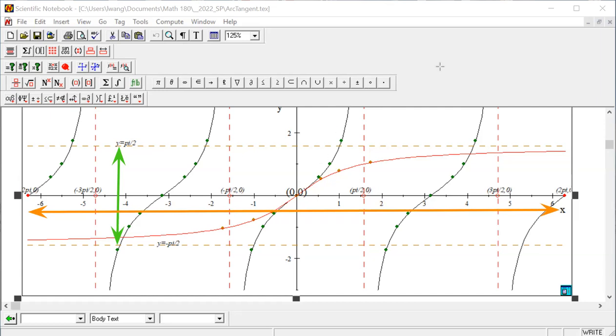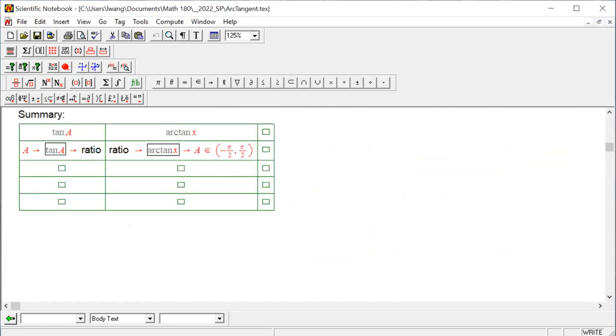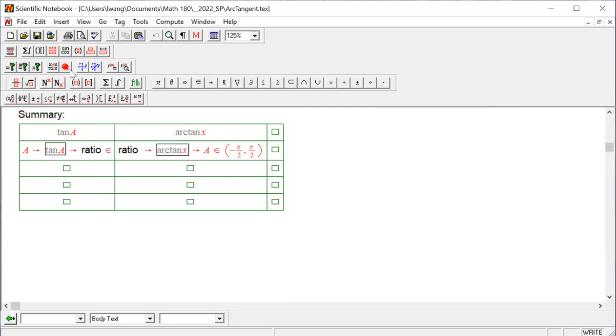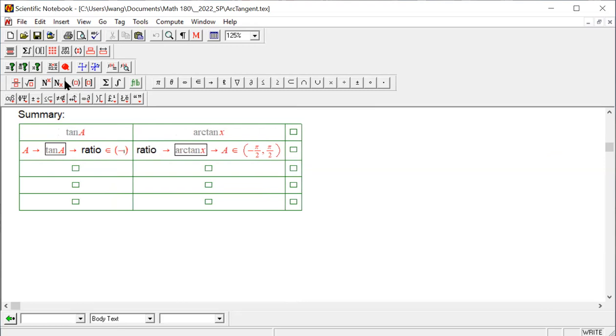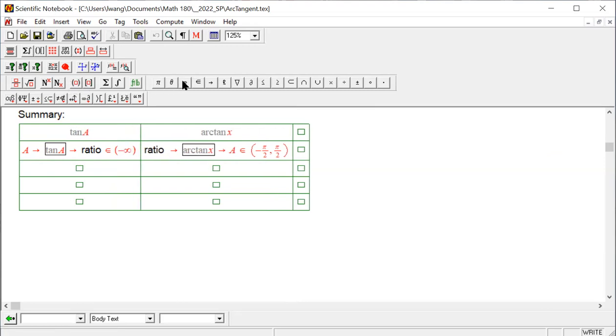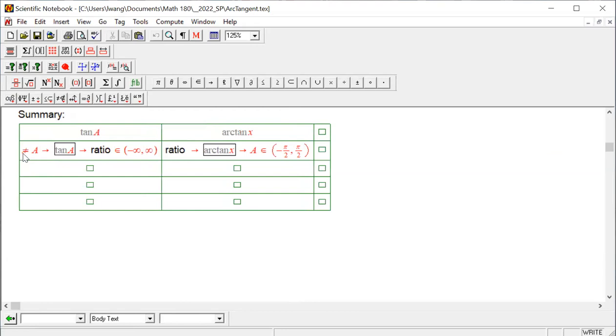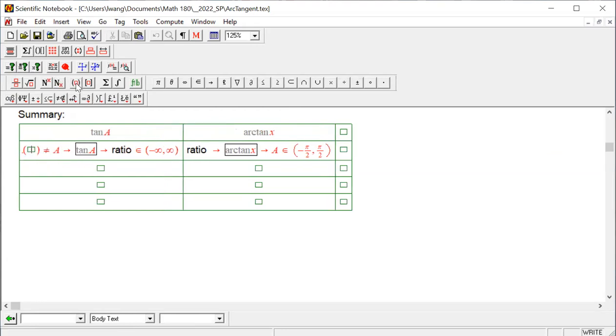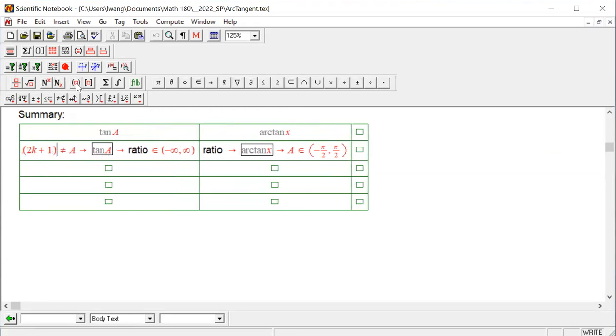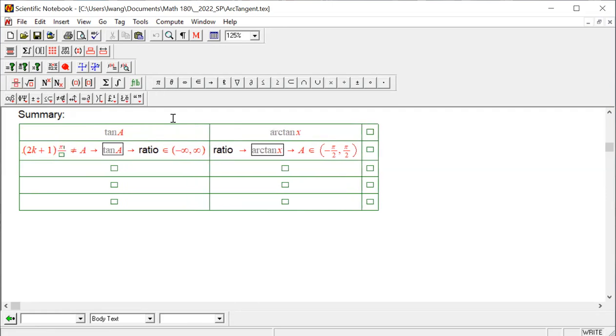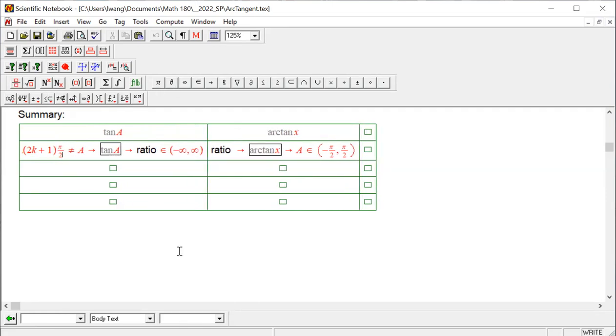Now with that said and done, let's continue our summary. This ratio for tangent can be any real number. And the angle can be any real number other than the odd number multiples of pi over 2.